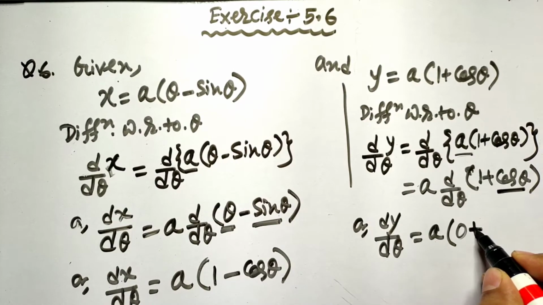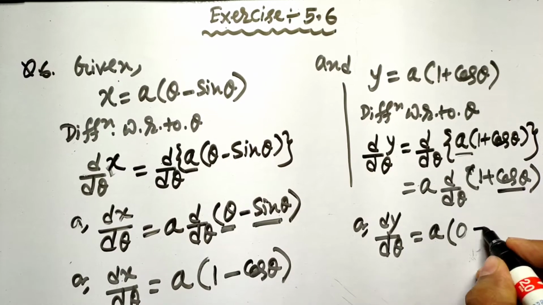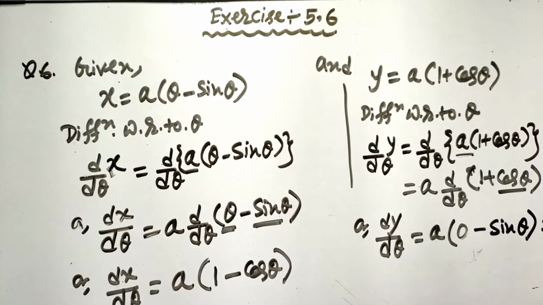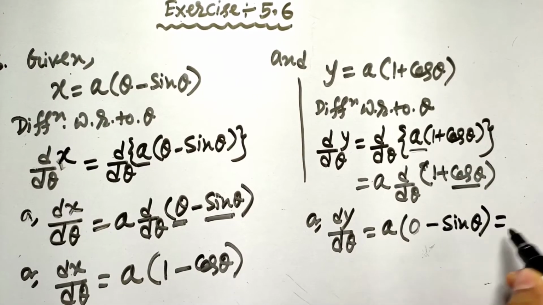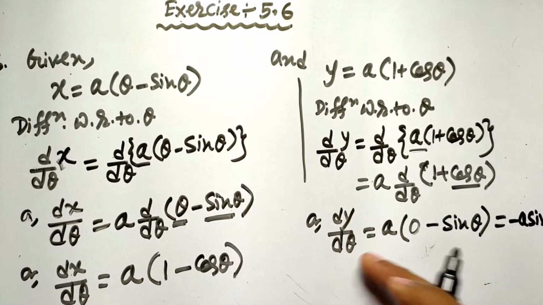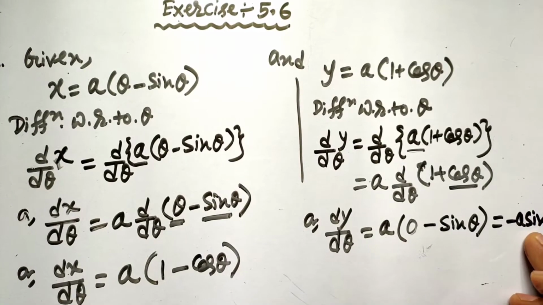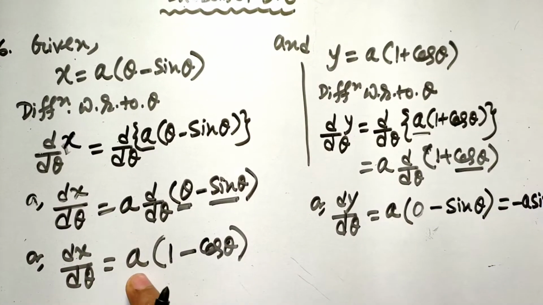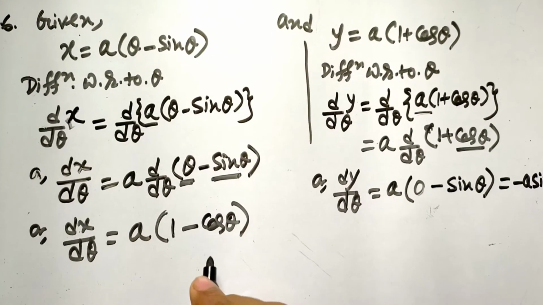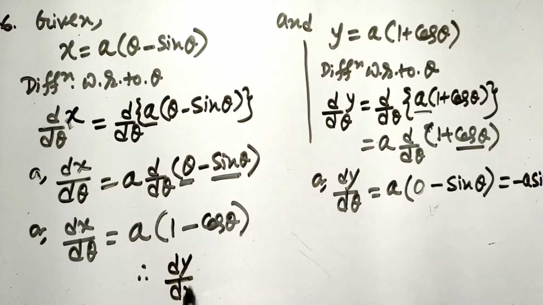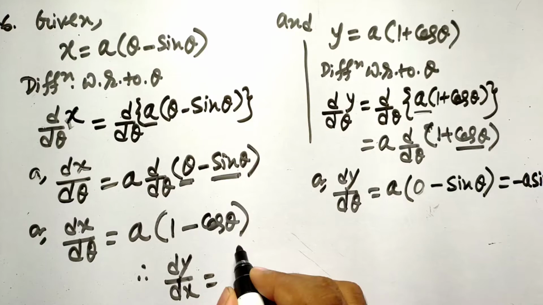So this equals minus a sin theta. So the value of dy/d theta is minus a sin theta, and the value of dx/d theta is a into 1 minus cos theta. So you have to find dy/dx, dy divided by dx. Now dividing both numerator and denominator by d theta.